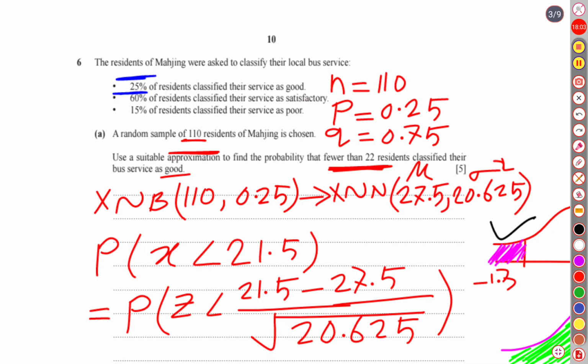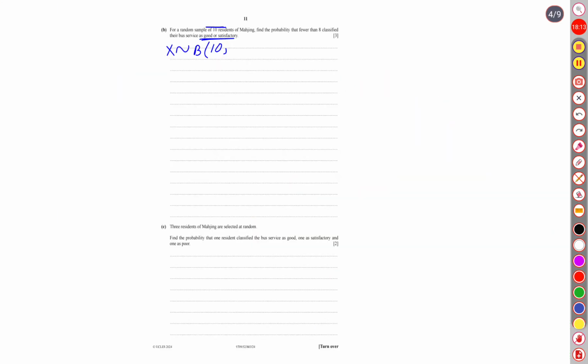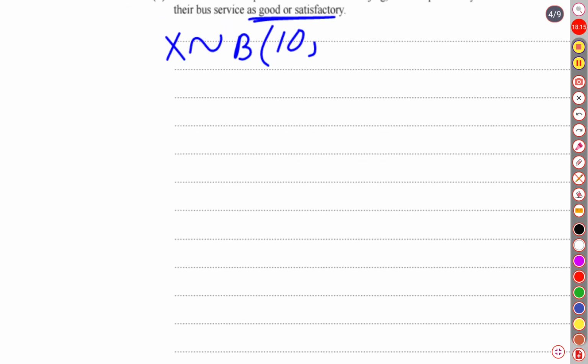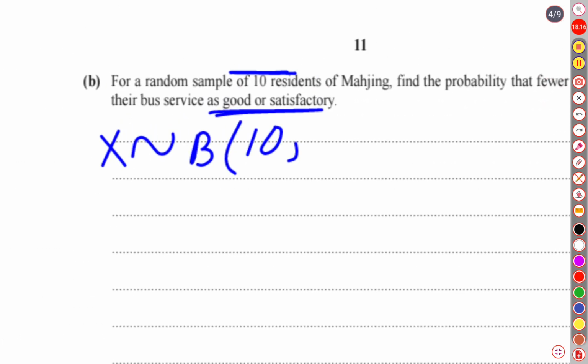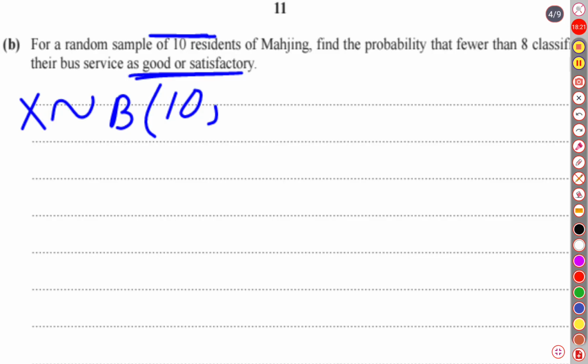So it is to be added because they have told us to find good or satisfactory, so we will have to do addition, as this is or. So 25 plus 60 means 85. So our probability is 0.85.